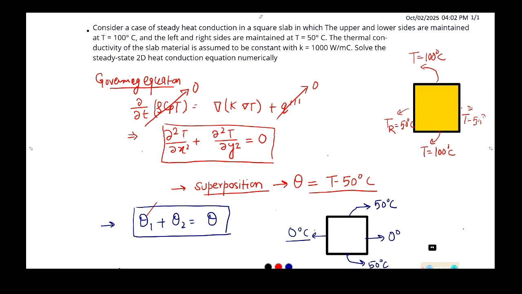Now first we are taking the top boundary as the initial solution.